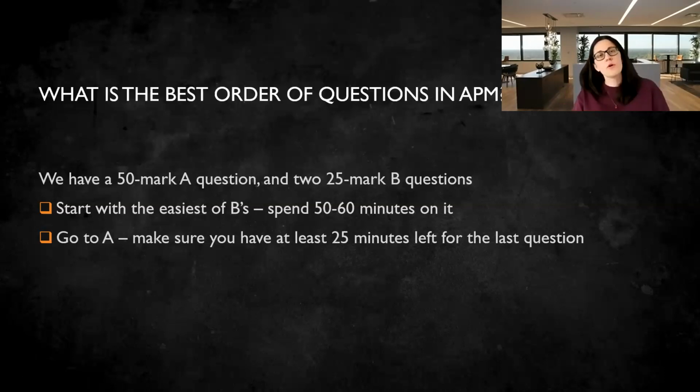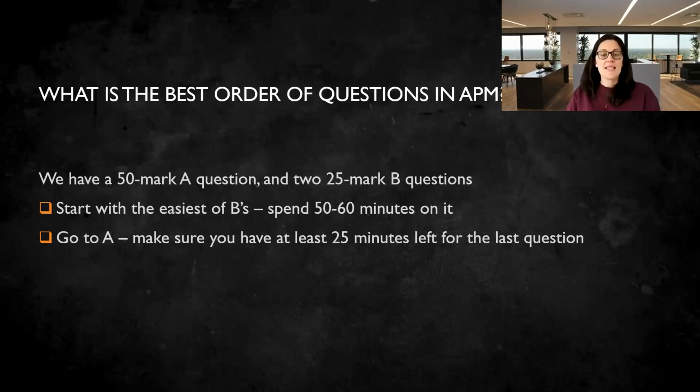Because, as we have already discussed, the first thoughts in each and every question bring you more marks than all of the following thoughts. So it's better to start fresh and enjoy this benefit of having more marks per sentence than whatever you have at the very end of your answer. So go there and attempt something.